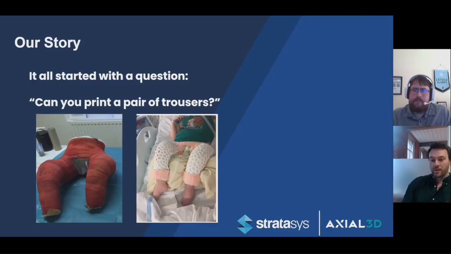What we did in the first years of the company was to allow surgeons to get really easy access to these medical models for different cardiology cases, for neurovascular aneurysms, for pediatric orthopedics. And really, in that pediatric orthopedic space was where this story begins. We had a pretty innovative surgeon down in the Royal Victoria Hospital in Belfast, a guy called Jim Bollard.